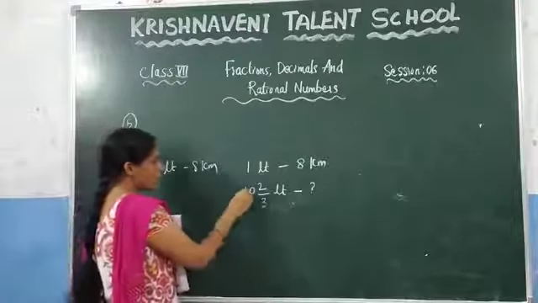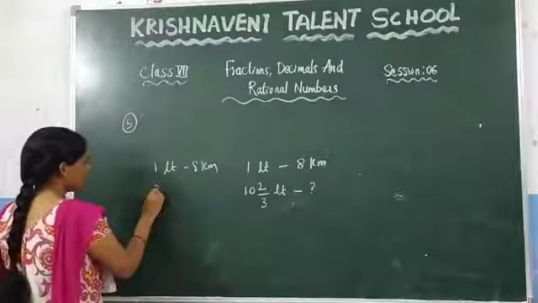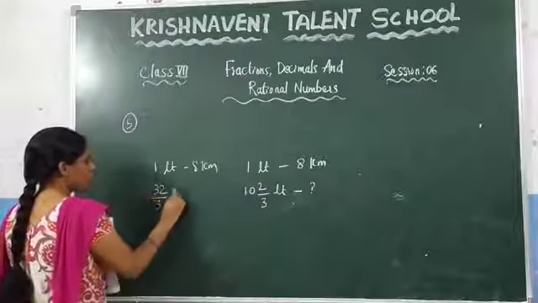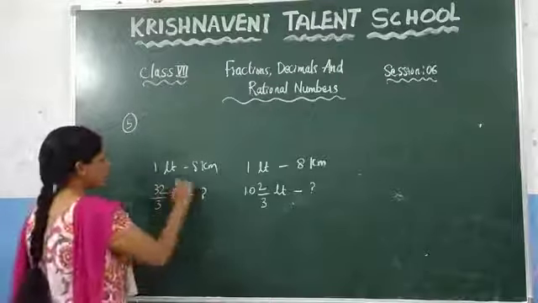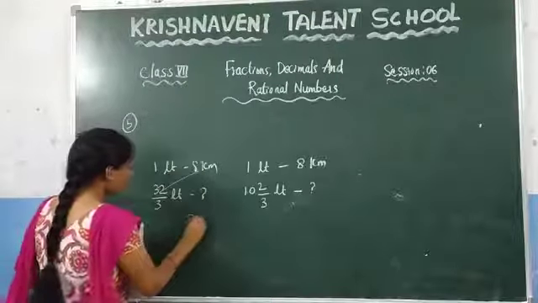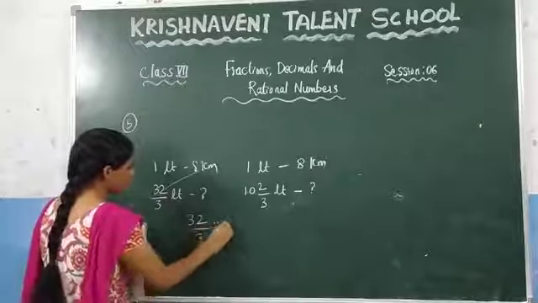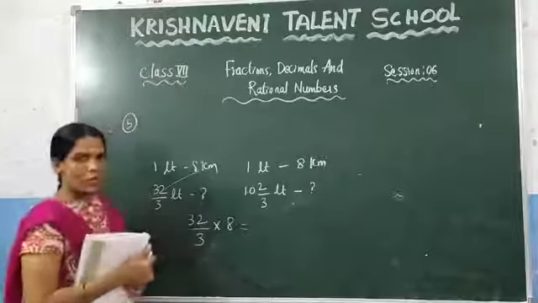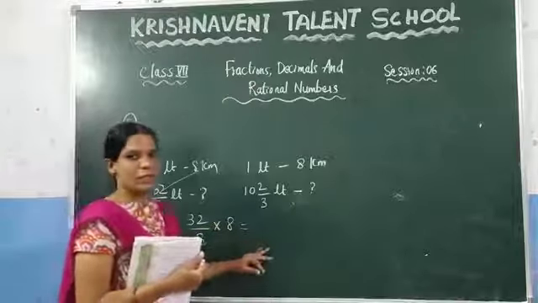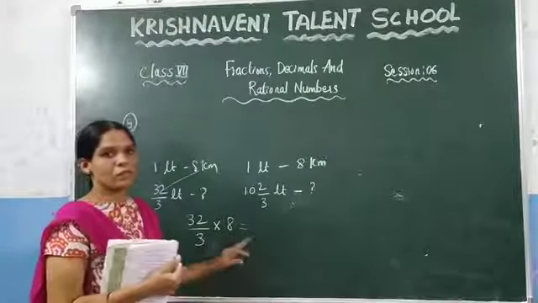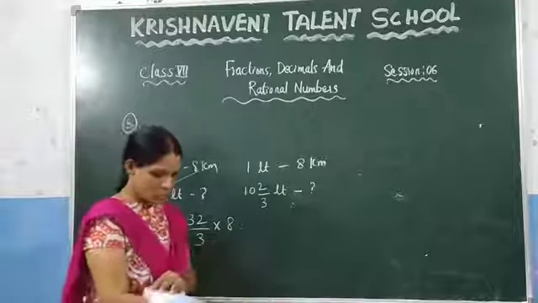So 10 3s are 30 plus 2, which is 32/3 liters of petrol. How much distance does the truck have to travel? That means you just need to multiply. So multiply 32/3 into 8. Just multiply these two numbers, and after that you will get an improper fraction. Convert it into a mixed fraction. This is the problem. You can do it.